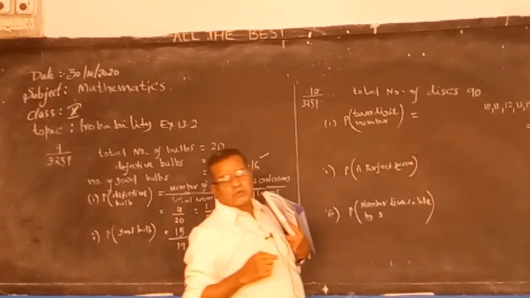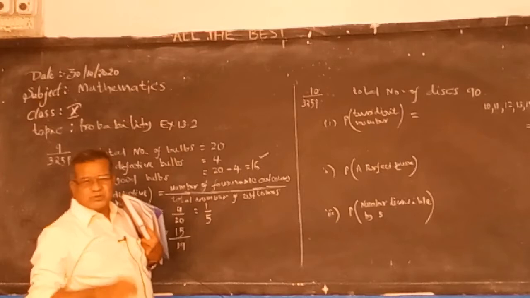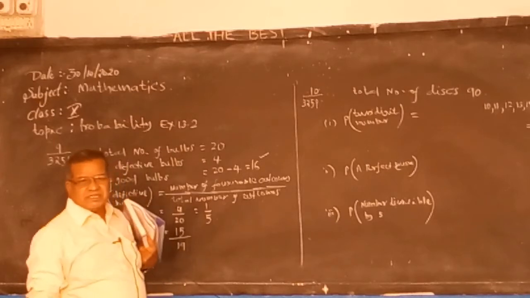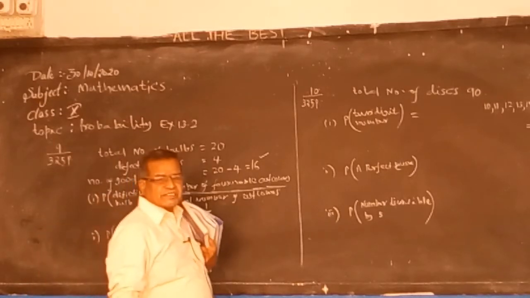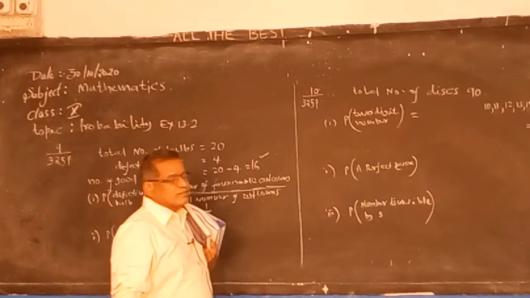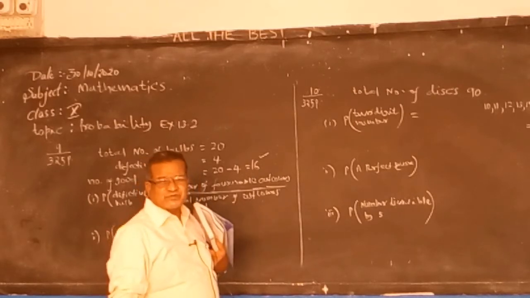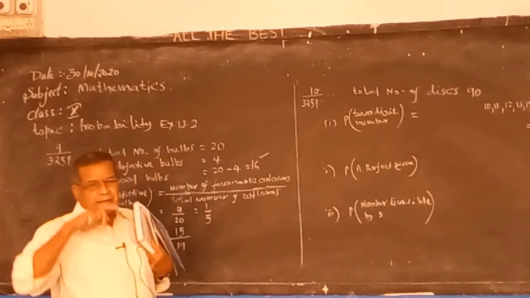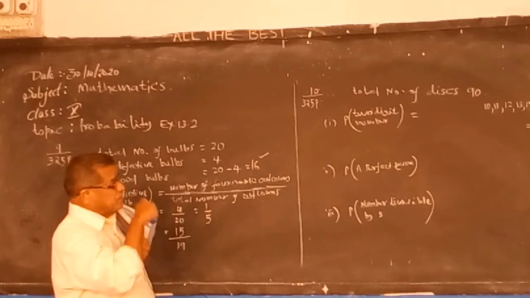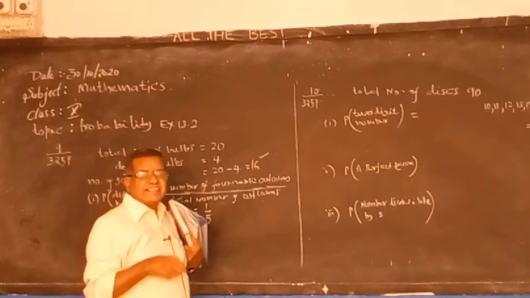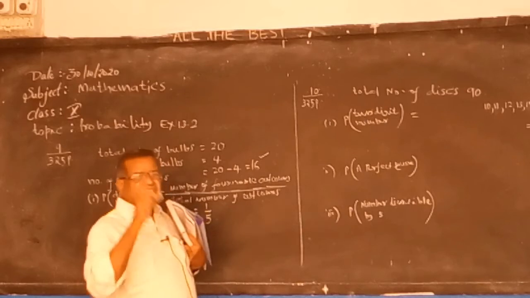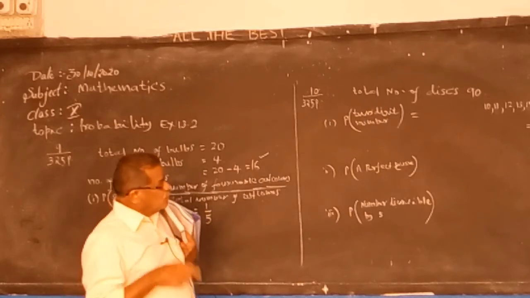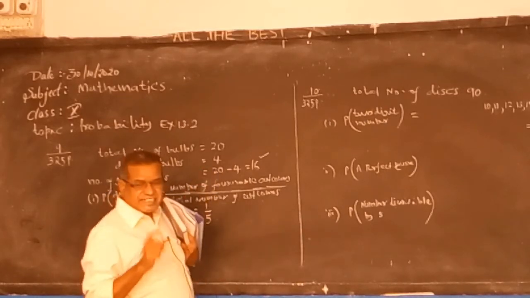81 two-digit numbers. You can use your common sense, since you are 10th class students, you can find 2-digit numbers. They start from 10, 11, 12, 13, 14, 15, like that up to 90. All are 2-digit numbers. We know the total number of discs is 90.